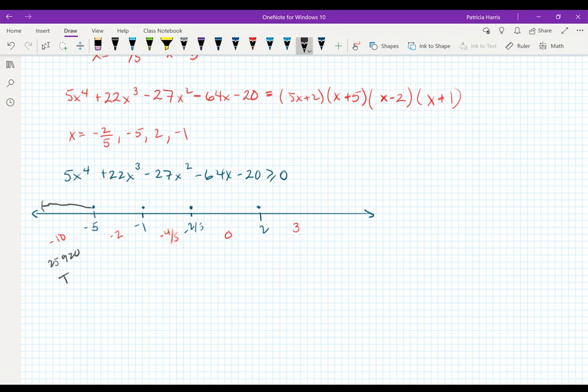Now I'm going to plug in the -2. Okay, so 5, then -2 to the 4th. Now, if you can do some of this in your head, like -2 raised to the 3rd is -8, then go ahead and do it.